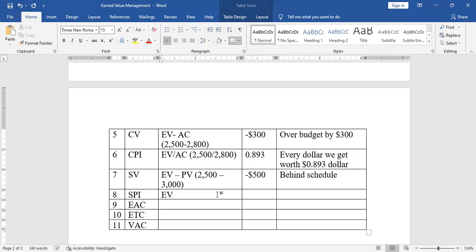SPI is schedule performance index. Because PV is involved and it's an index, it will be EV over PV. So this will be 25 divided by PV, which is 3,000. What do we get? 25 divided by 3,000.